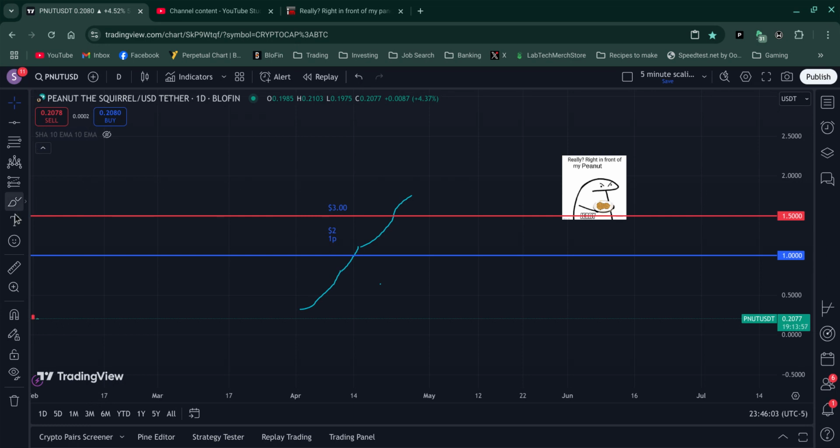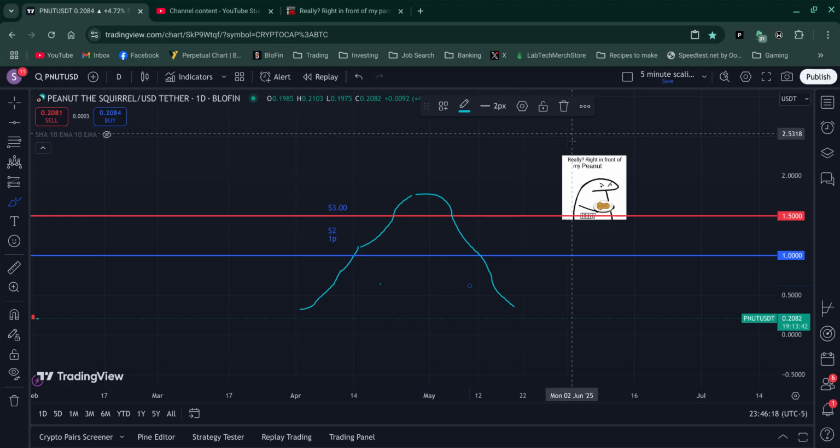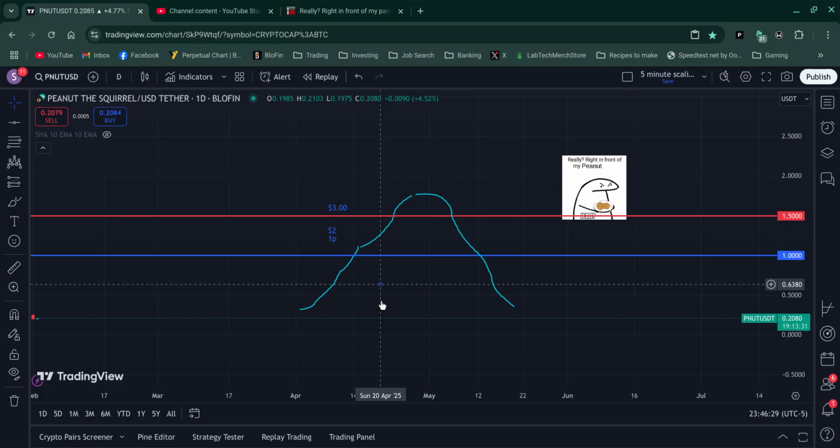For the purposes of our example, though, let's just say the price does go back down, boom, like that, all the way back down to about where it was before. In this instance, Jerry will have purchased one peanut at $1 and sold that same peanut for $1.50.